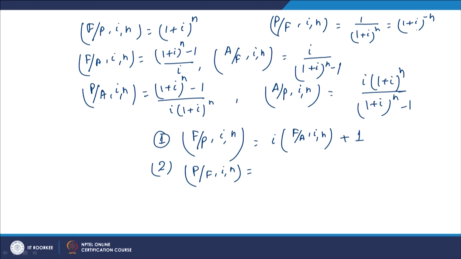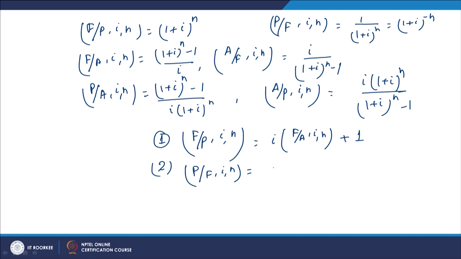Now, if this factor is multiplied with i, it will be ((1 plus i) raised to the power n minus 1) by (1 plus i) raised to the power n. Now, you subtract it from 1. So what will happen is that (1 plus i)^n minus this one, only 1 will be remaining. So it will be 1 by (1 plus i) raised to the power n. So that is how you get it.